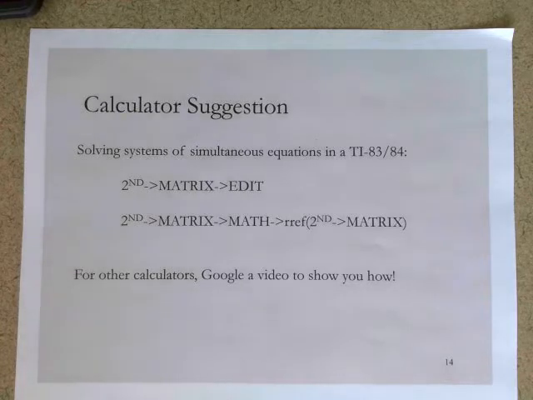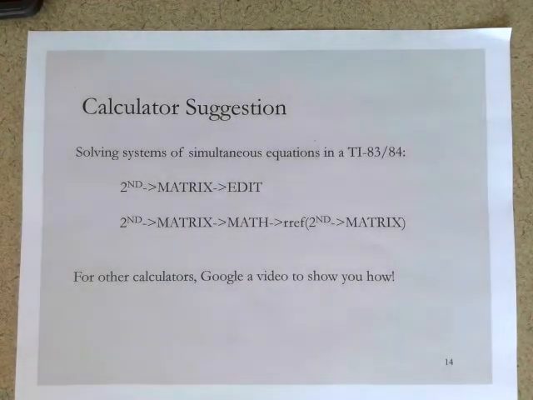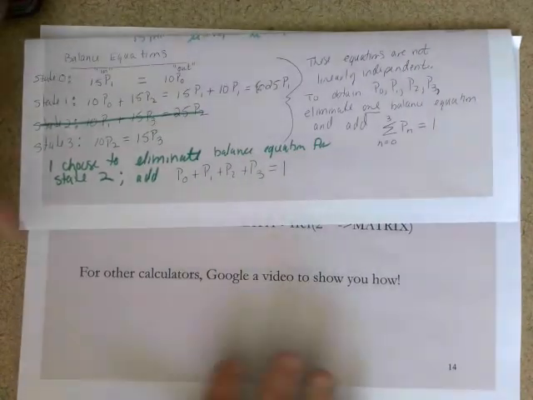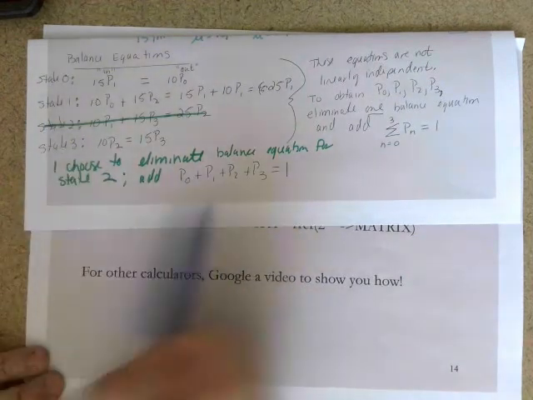So I'm not going to demonstrate this here because you all have different calculators, but this is what I did in my calculator. So let me show you, let me go back here, hang on a second. Actually, I don't even have the calculator that I used here, but these are the equations, remember, from the previous slide, and I said I'm going to use state 0, state 1, state 3, and this one here.